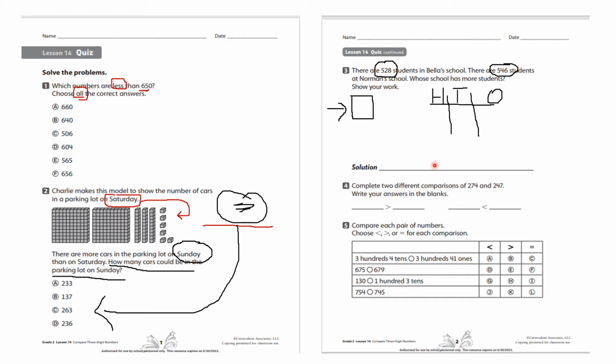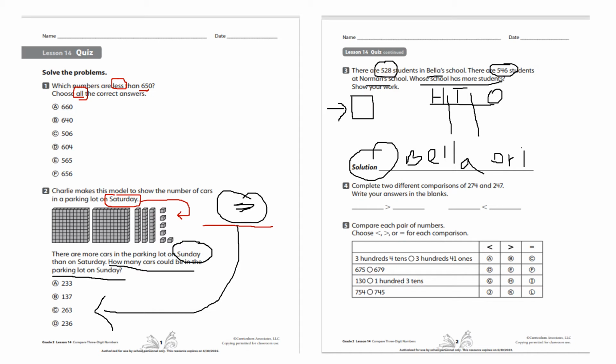So once you compare the numbers, it's asking you, whose school has more students? You need to say what school has more students. Is it Bella's school or is it Norman's school? That's what needs to go here. Bella, I'll write it, Bella or Norman.